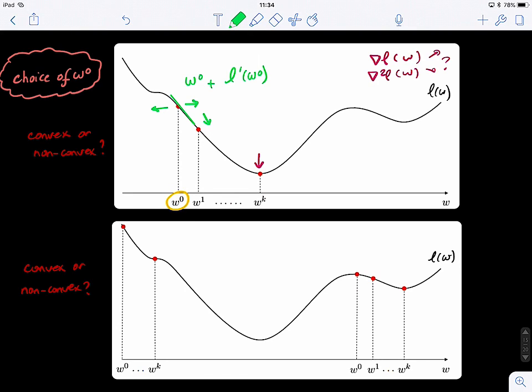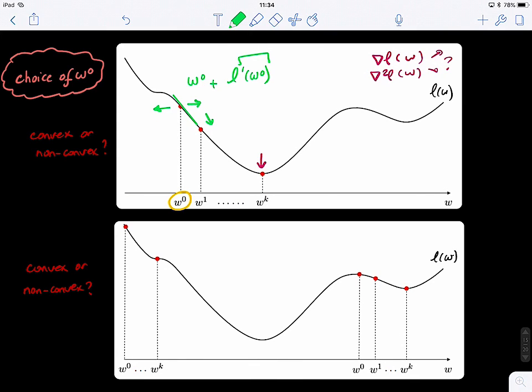Remember, this is negative, so if I subtract something negative, I'll be moving in the wrong direction. So what I need to do is go in the opposite direction of the gradient. That's how I know I'm moving in the right direction.